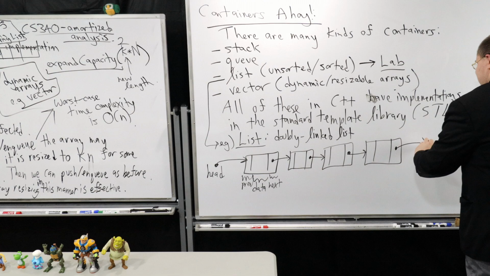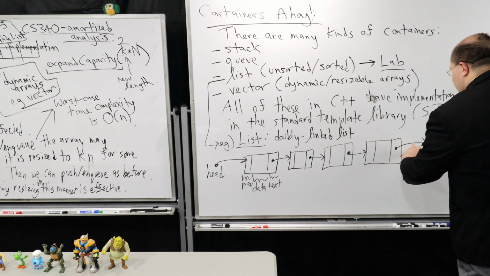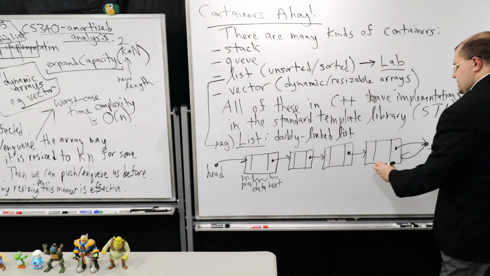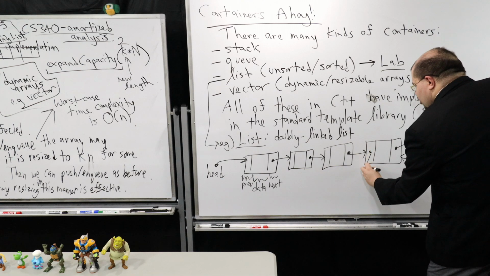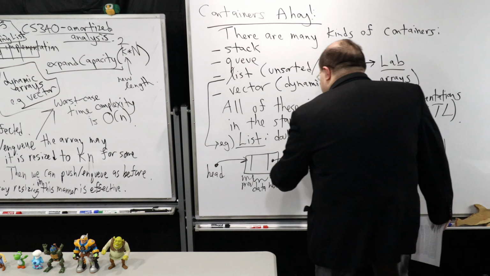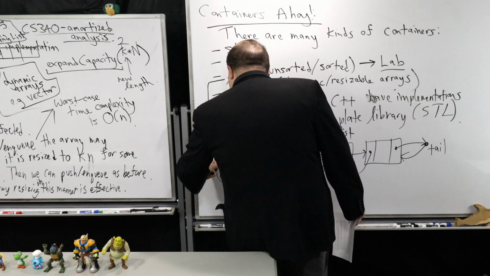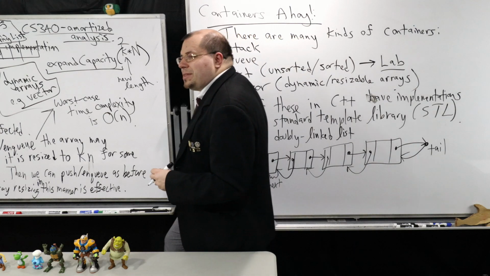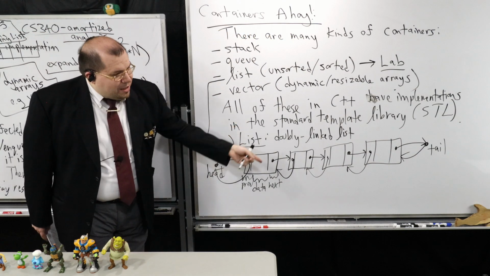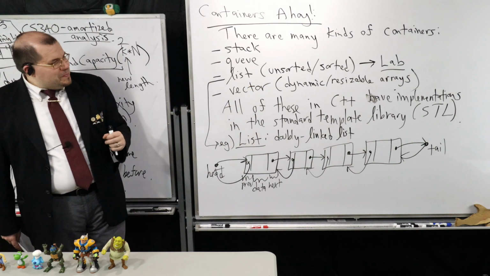So the tail itself is going to point at the last node in the list. And each one of these is going to point at its previous node in the linked list. And the neat thing about this is that when you go through each one, when you get to the end, it kind of loops back to itself if you follow the pointers.